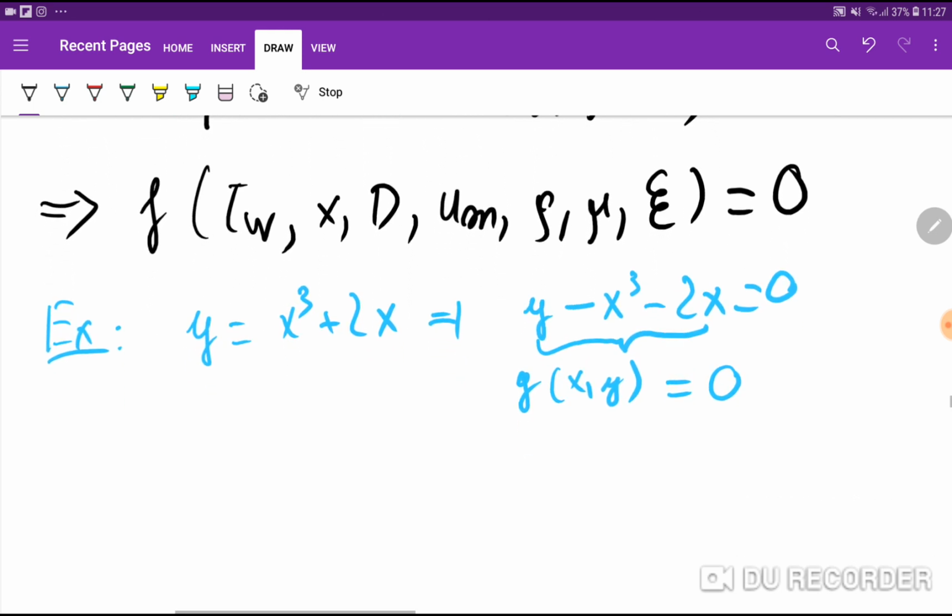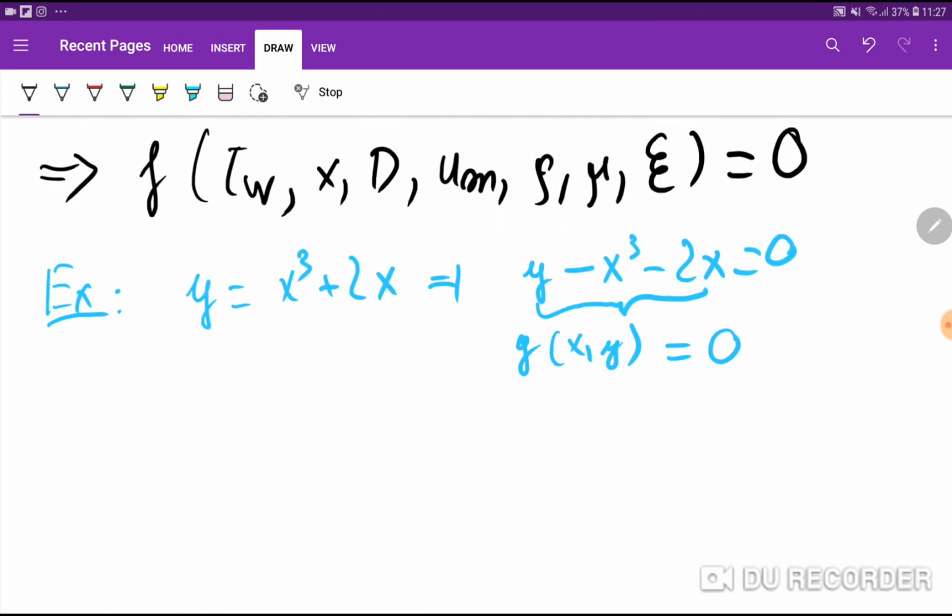There's a very cool scientist who invented something called the Buckingham pi theorem.